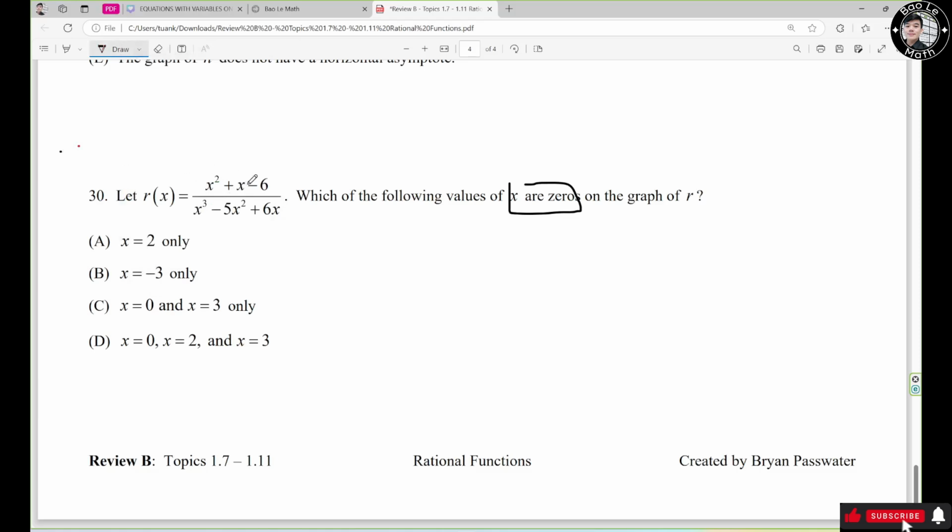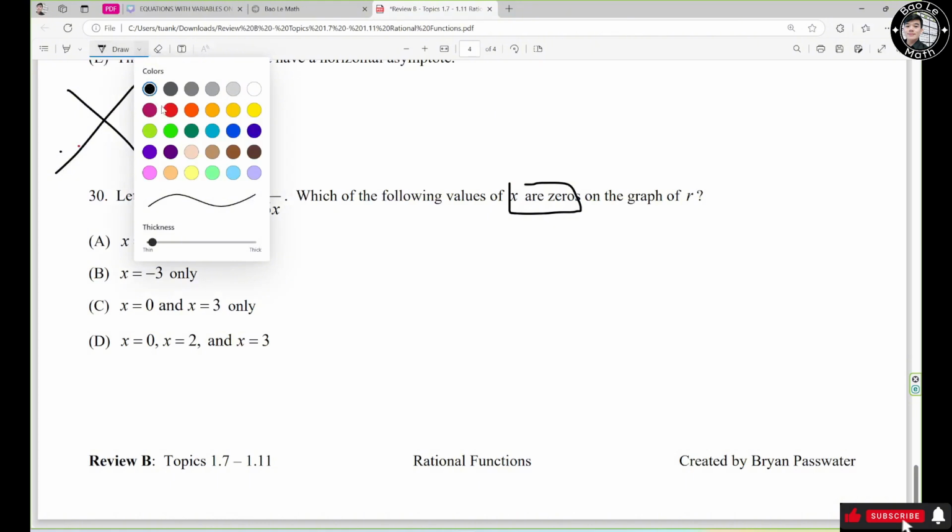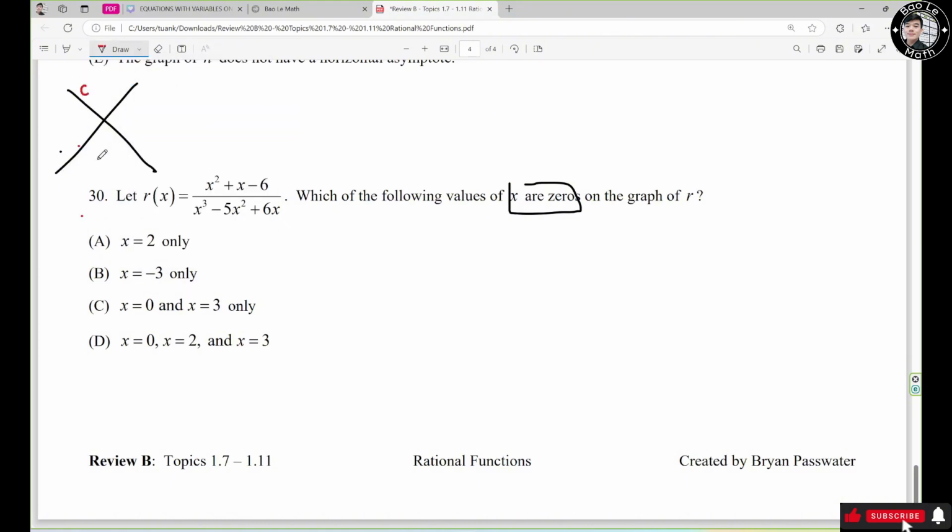To factor the numerator, you're going to use the X method. You put C right here and B right here. Find two numbers that multiply to C and add up to B. A equals 1, B equals 1, and C equals -6. So the two numbers must be 3 and -2.